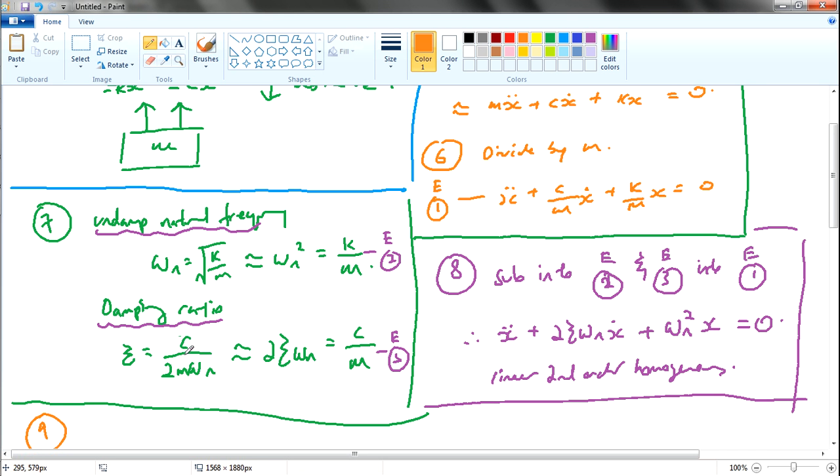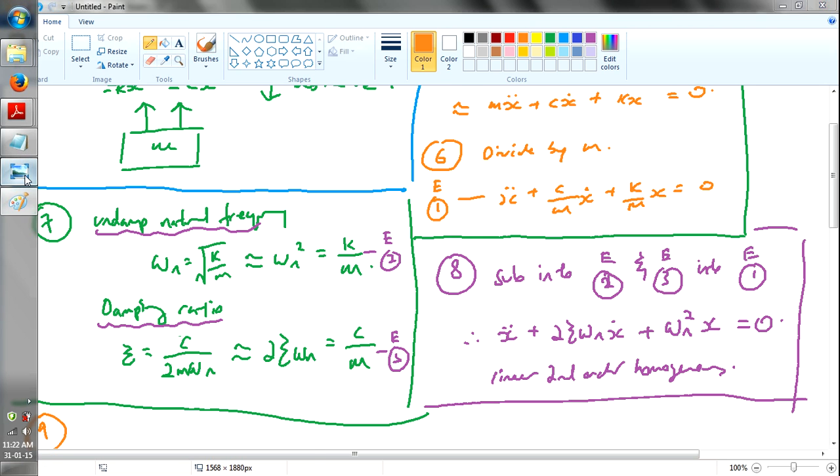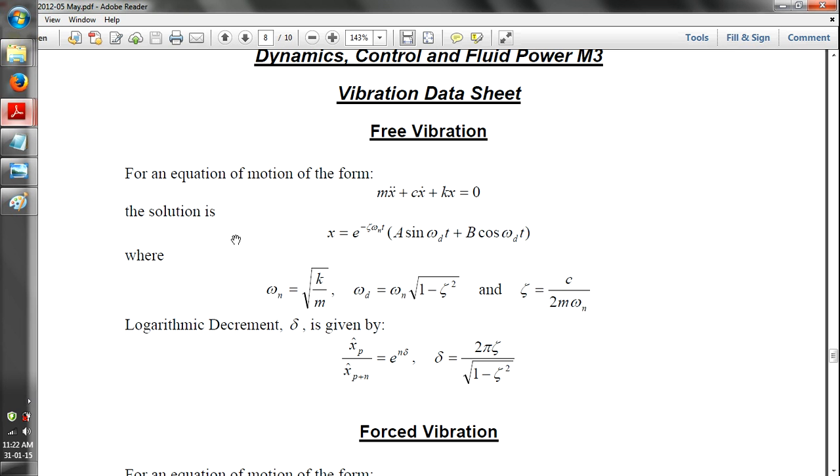Therefore, you can see that k over m is omega n squared, because of the natural frequency. Just bring the square root over. The damping ratio equals the damping coefficient divided by 2m omega n.